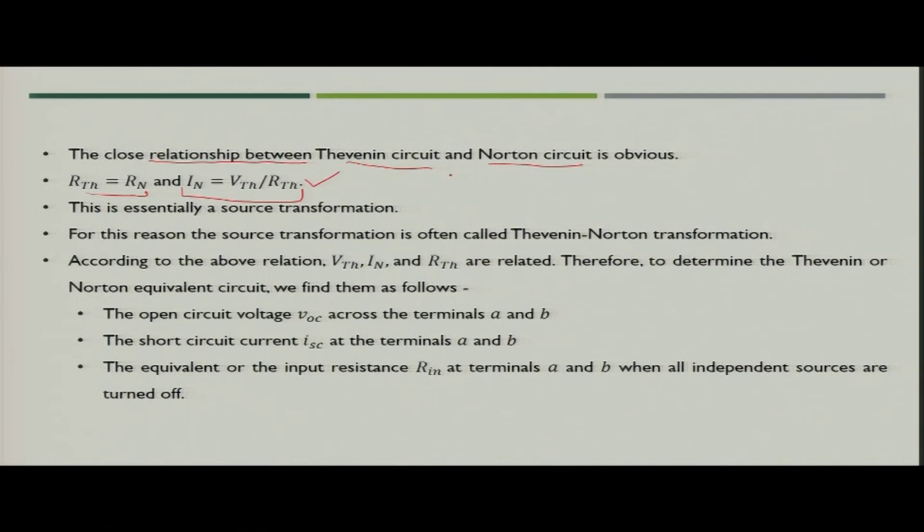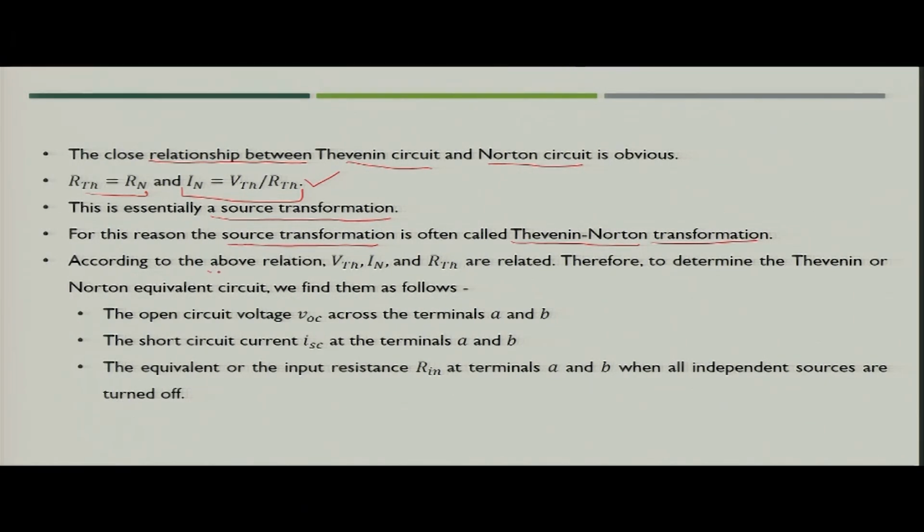So, Thevenin's and Norton's theorems are related to each other with the help of source transformation. RTH is equal to Rn and IN, the Norton's current, would be equal to VTH divided by RTH. You can simply say this is nothing but a source transformation. That is why source transformation is also called Thevenin-Norton transformation.